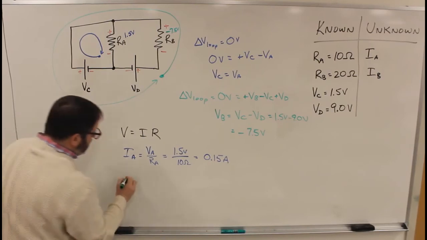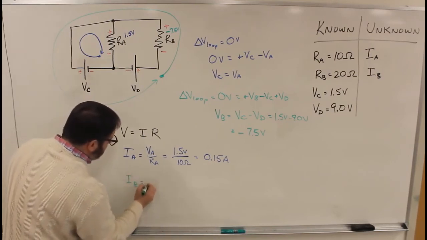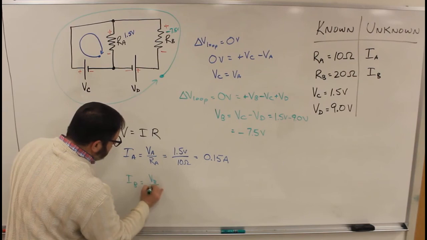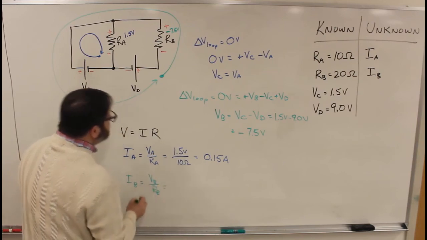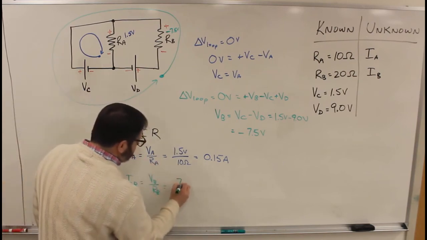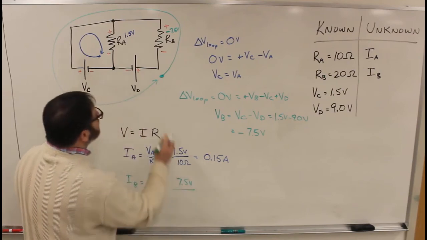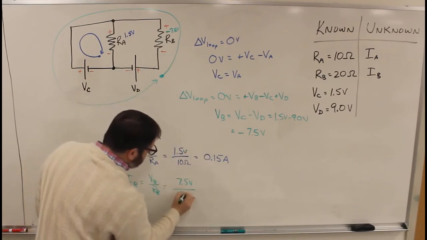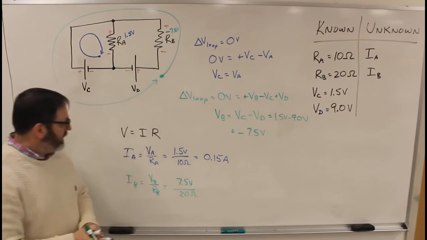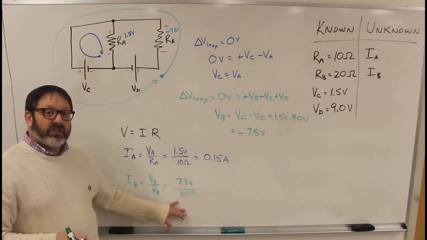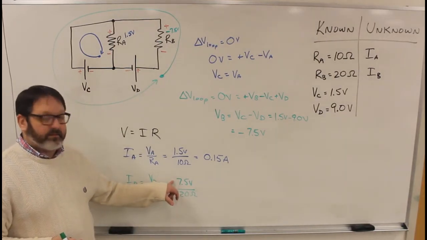For IB is VB over RB, which is 7.5 volts over, RB is 20 ohms. I took the negative sign out.